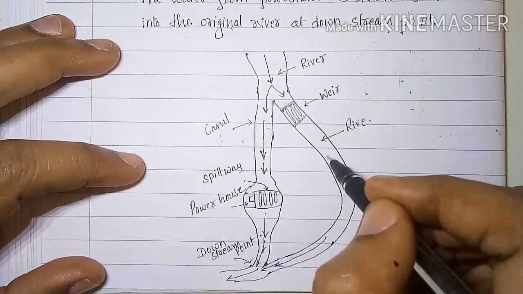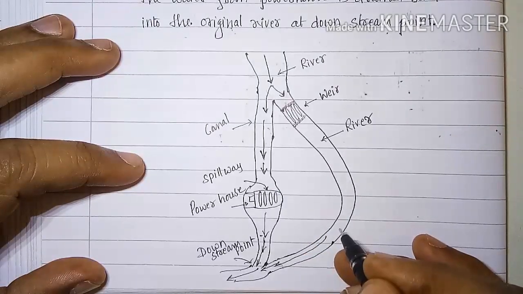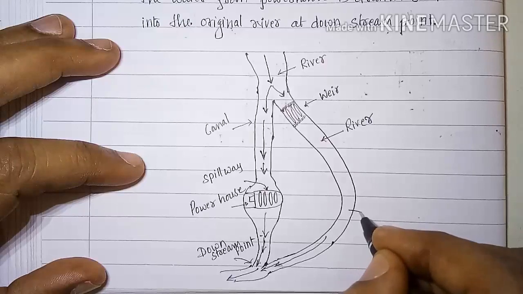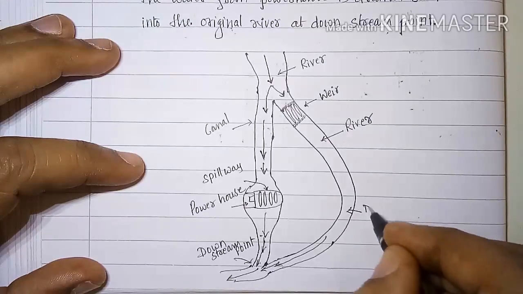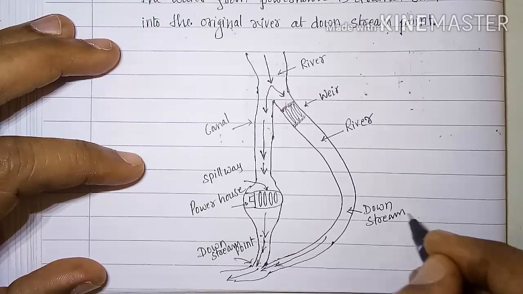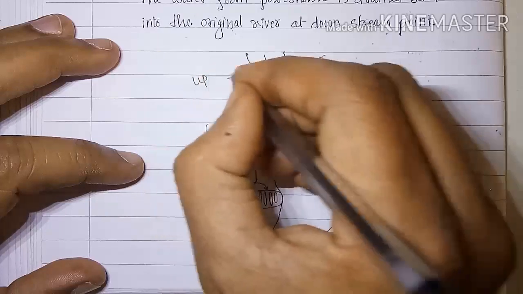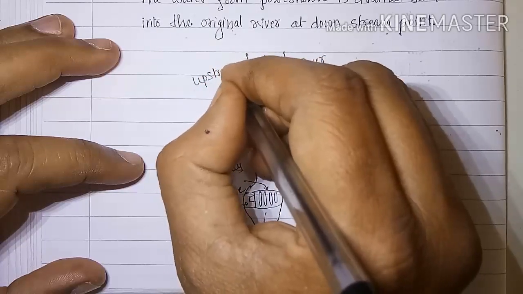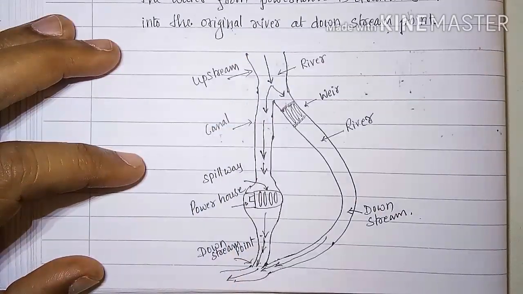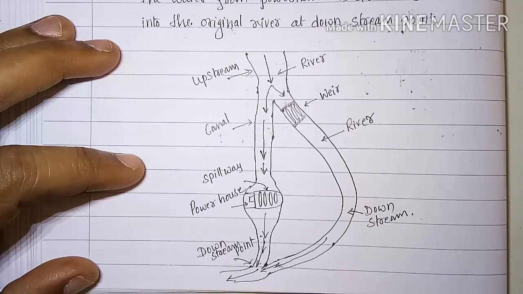So after the weir here, the river is said to be downstream, and here it is called upstream. Before the dam, the river is called upstream. After the dam, the river is called downstream.